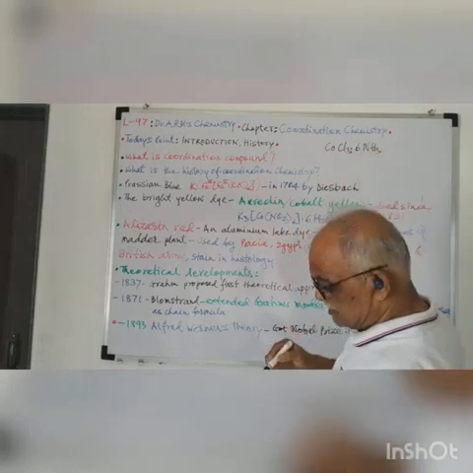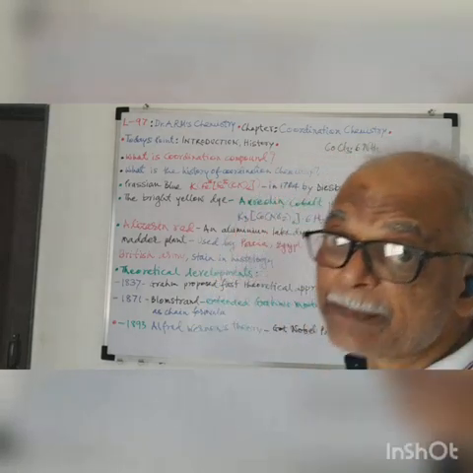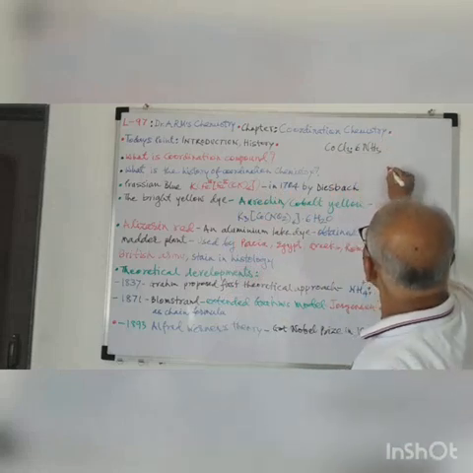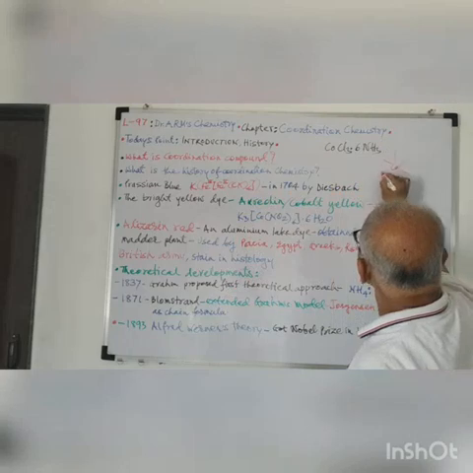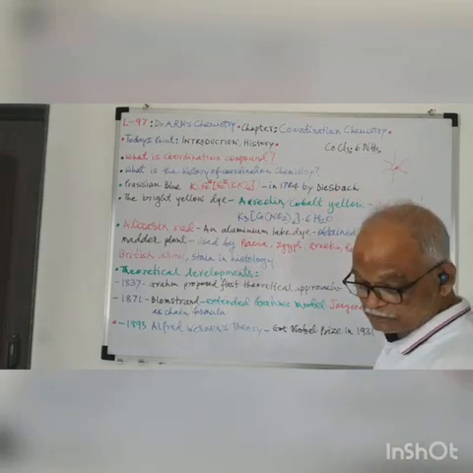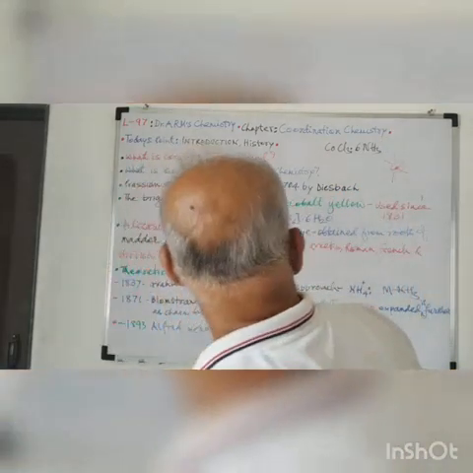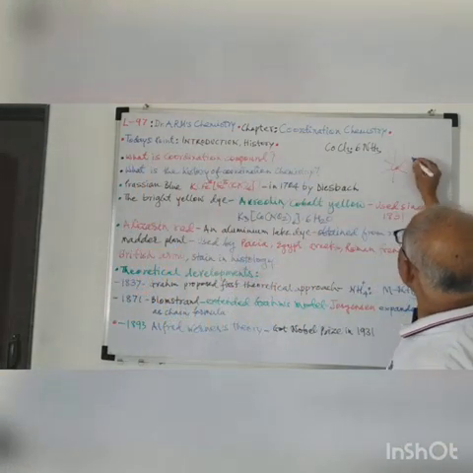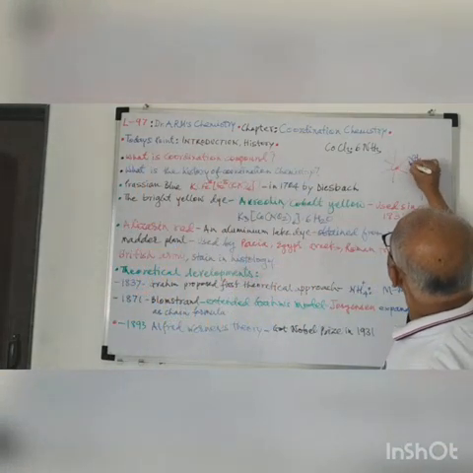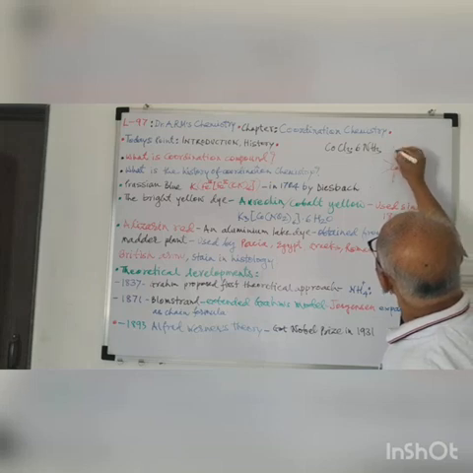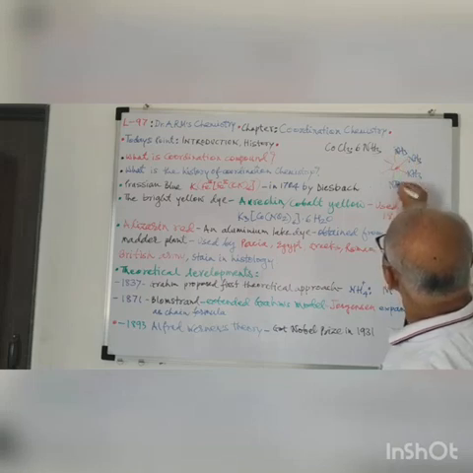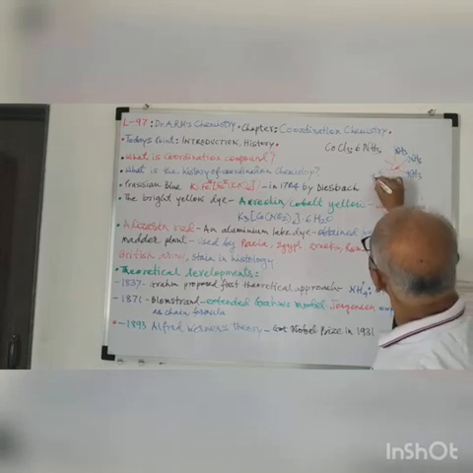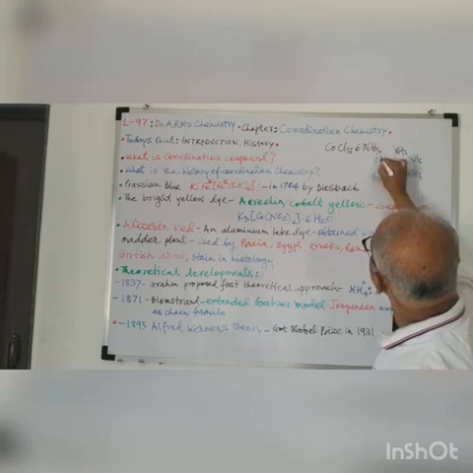Here you will find that cobalt is at the center, and there are NH3, NH3, NH3, NH3 surrounding the middle like this.